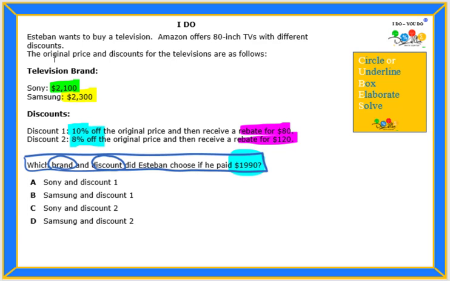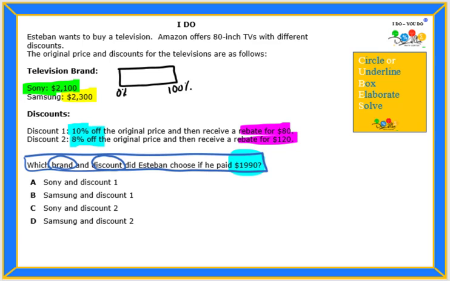Our Sony is $2,100. So if we take the first discount, we would get 10% off. So let's start with that percentage and let's make a percent bar. I'm just going to draw a bar here. This bar will represent between 0 and 100%.